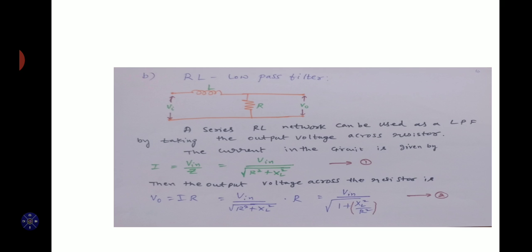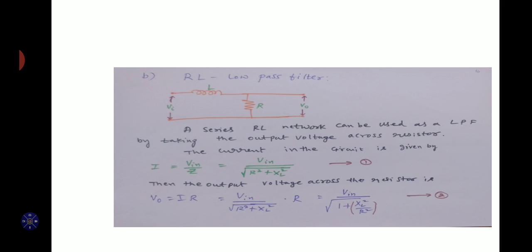See, in equation 1, I is equal to Vin by root of R square plus XL square. The output voltage across the resistor is, suppose V0 in the circuit, V0 is the output voltage across the resistor R. So then according to Ohm's law, V equals IR.